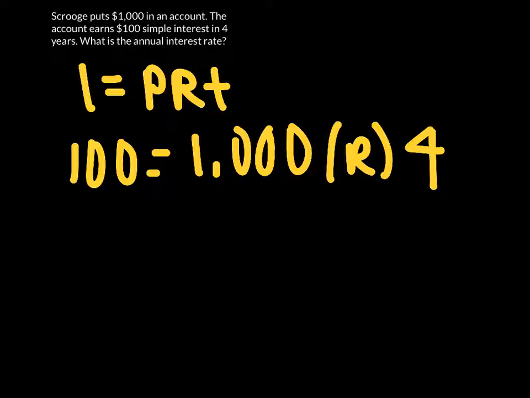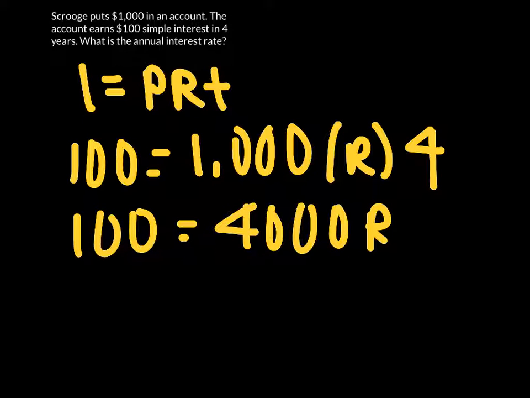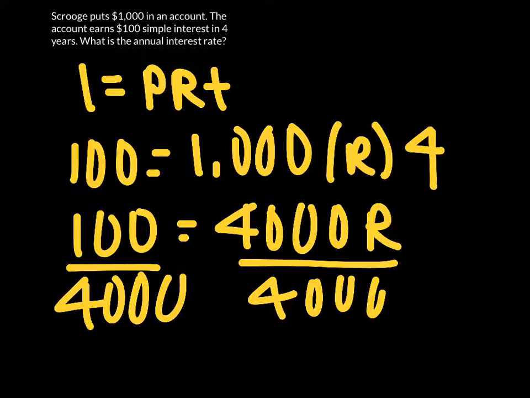So 100 equals 4,000 R. Divide by 4,000 on both sides. 100 divided by 4,000 is 0.025.